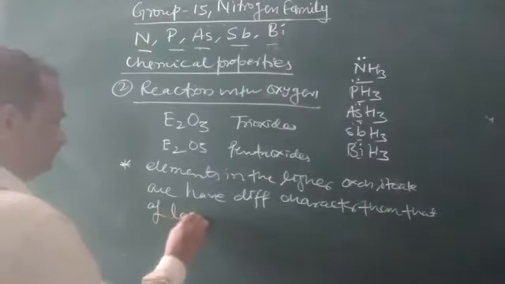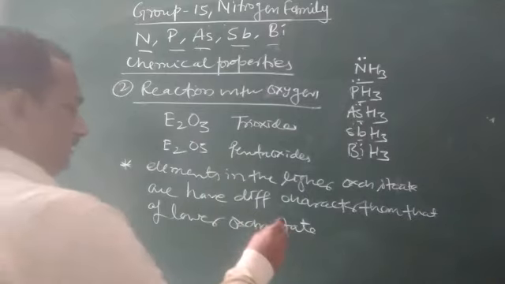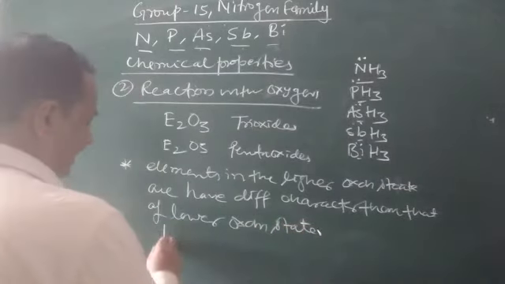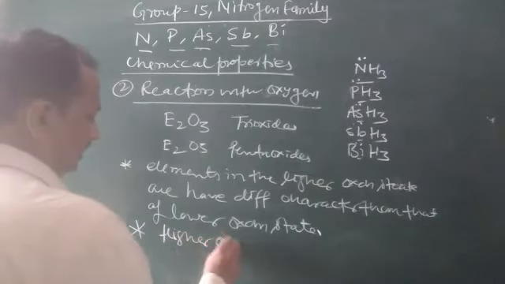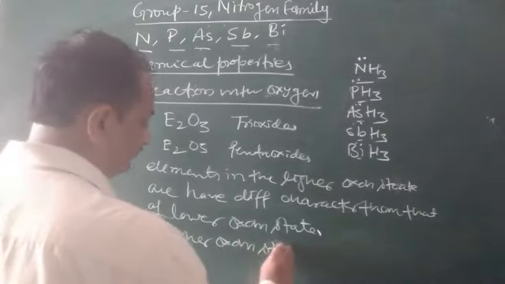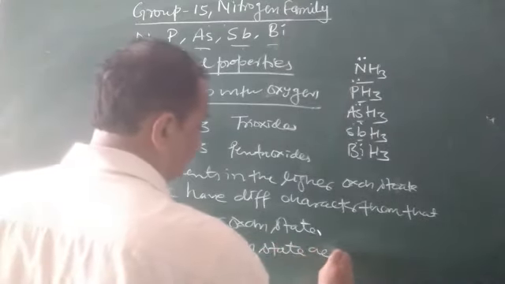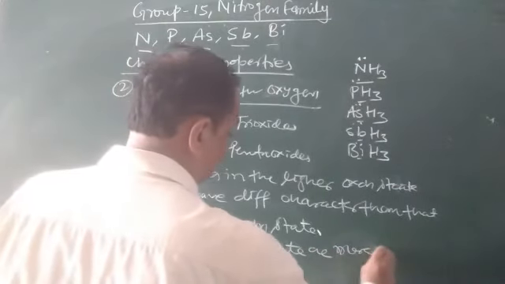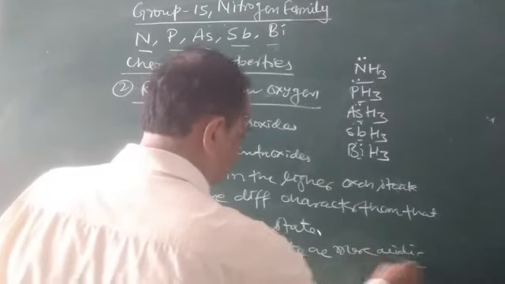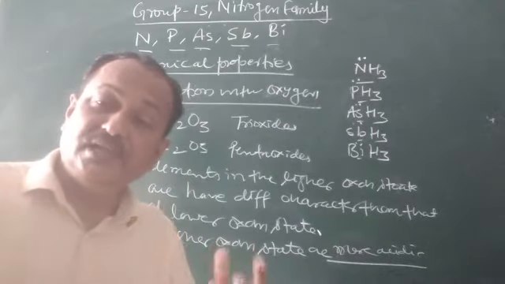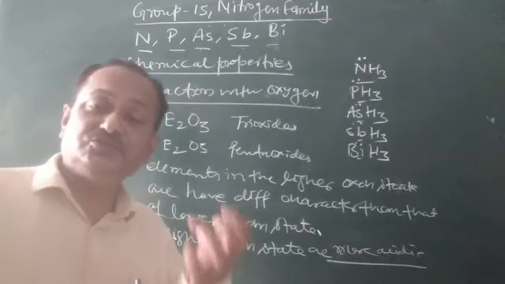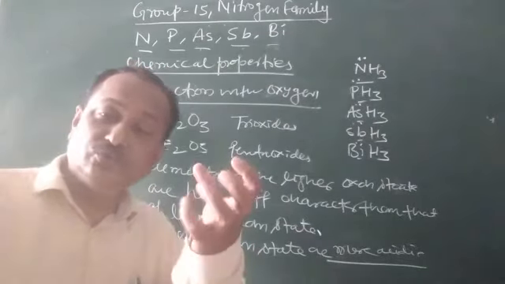The oxides in the high oxidation state are more acidic, because they have decreasing metallic character, so they hold the hydroxyl ions, and the hydrogen ions are lost easily.